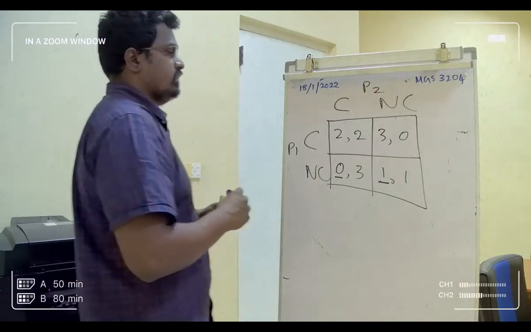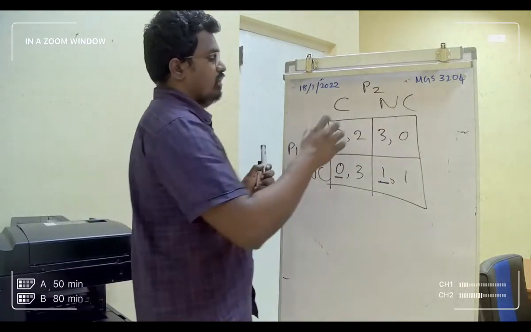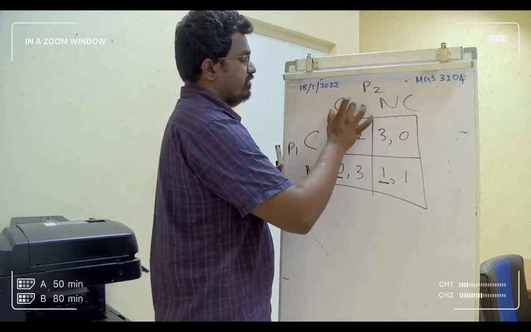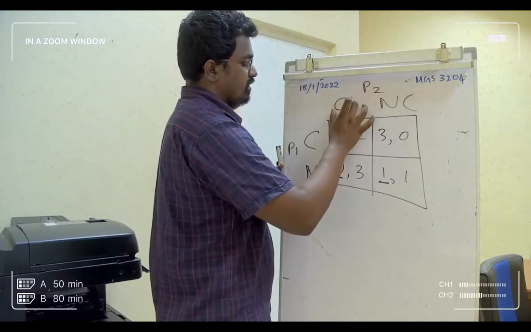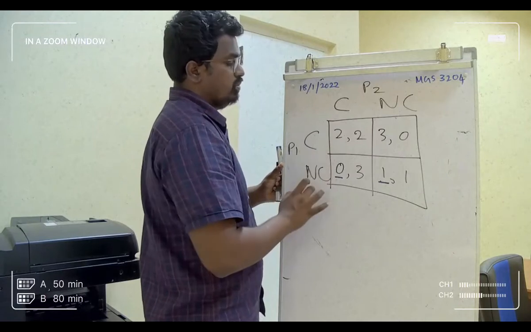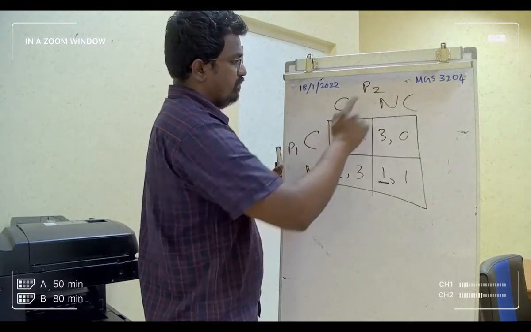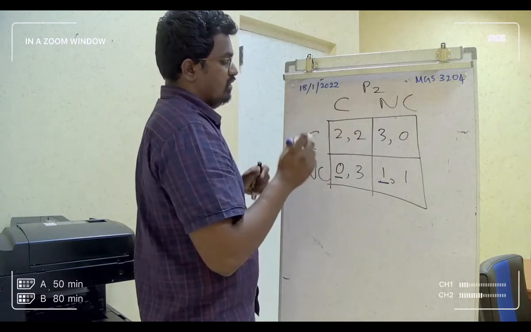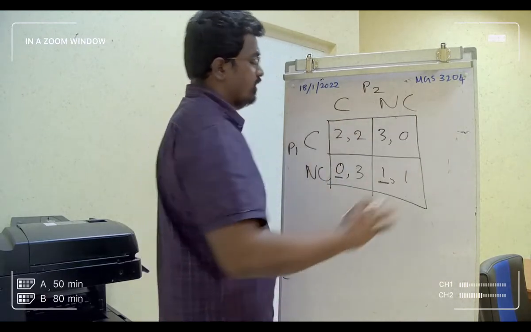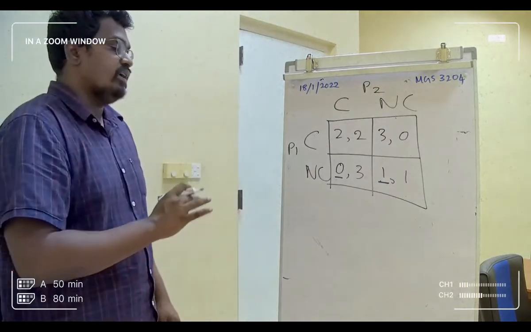So now, as you said, we think it is this way, right? Now, if player 2 confesses, what can player 1 do? In which row do we have to think of it? I mean, in which way do we look into it?